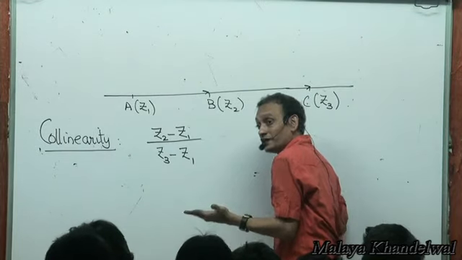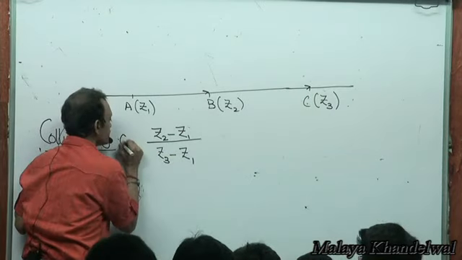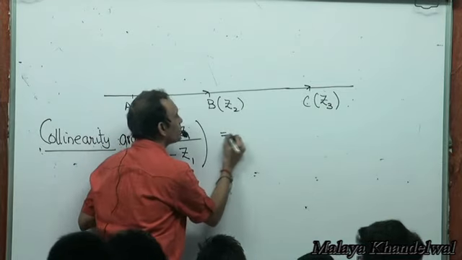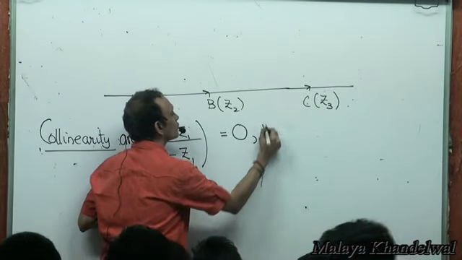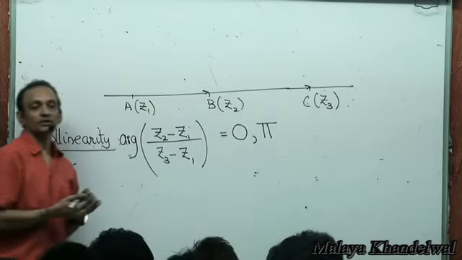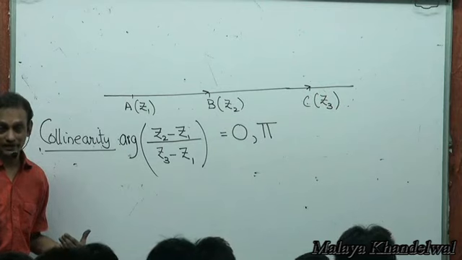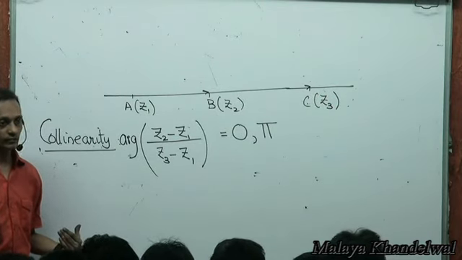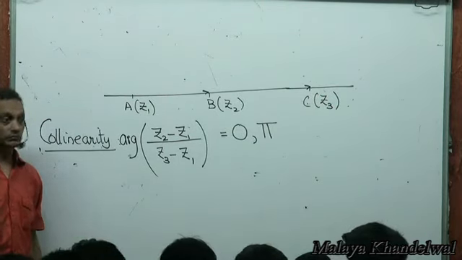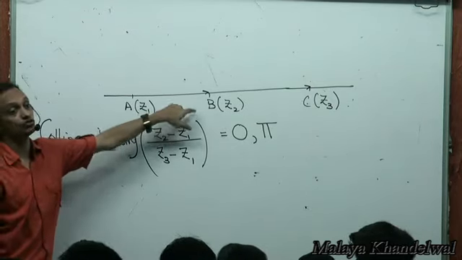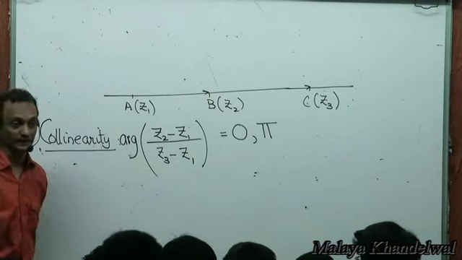For them to be collinear, the argument of this is going to be either 0 or pi. No, it could also be pi. Realize that? If Z3 was located here, for example, then Z3 minus Z1 and Z2 minus Z1 would have an angle pi.